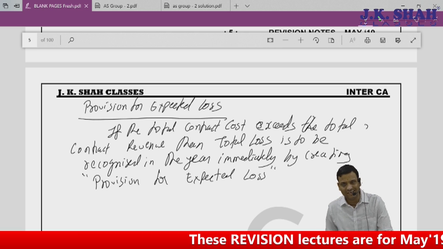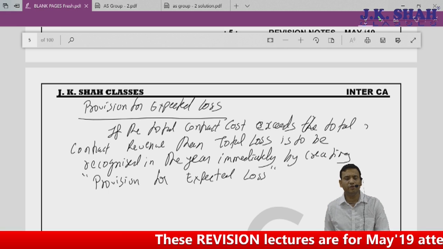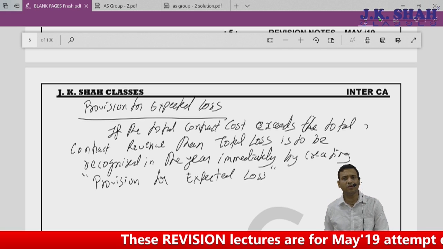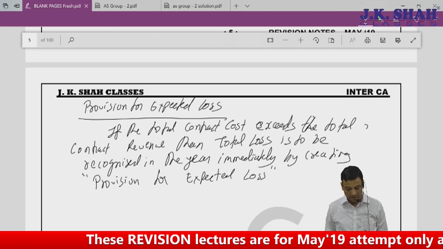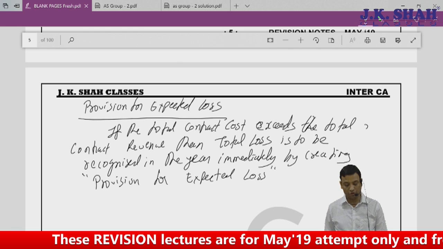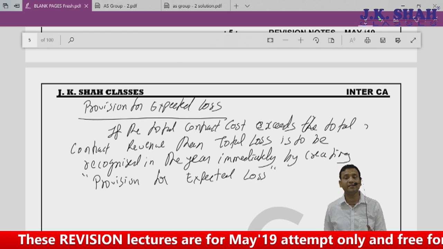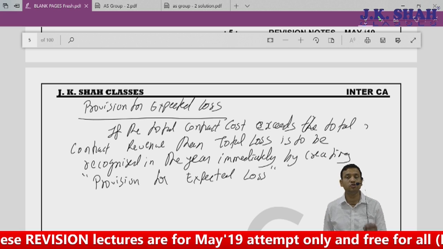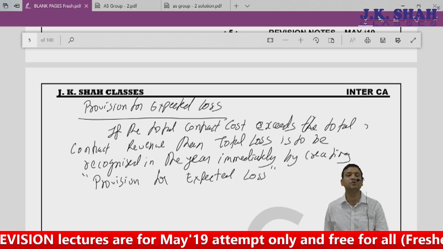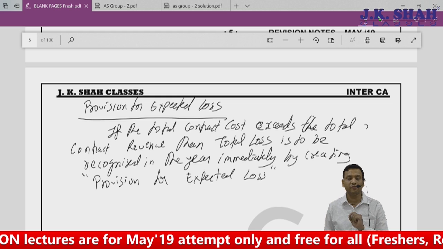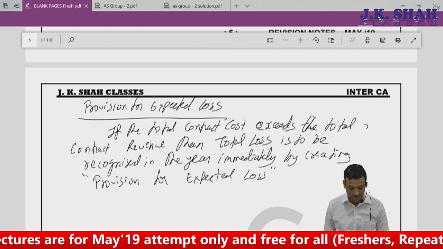Whether the work has started or not, whether you are going to make profit on similar contracts, whatsoever it may be, the whole amount of provision should be created, or I can say the total loss should be recognized. To recognize the total loss, we have to create provision for any shortfall which is not getting recognized.